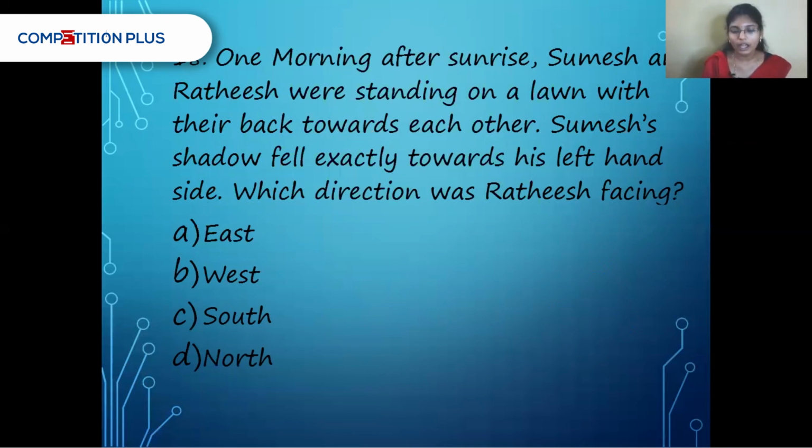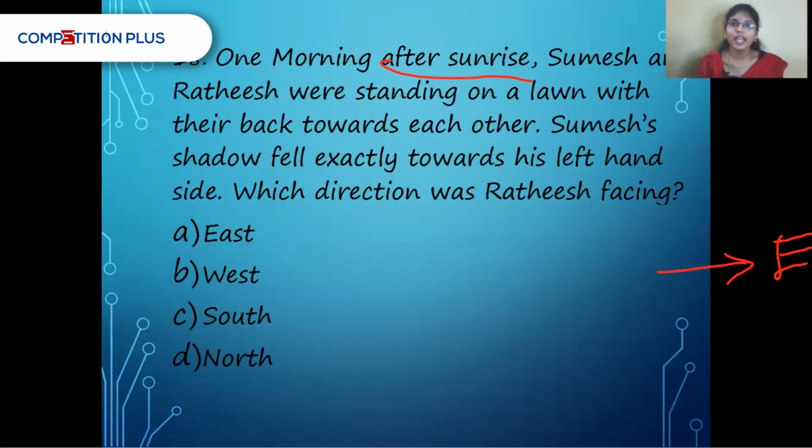One morning after sunrise, so it is daytime, and at sunrise the sun will be in the east. Sumesh and Ratish were standing with their backs towards each other, turned in opposite directions.